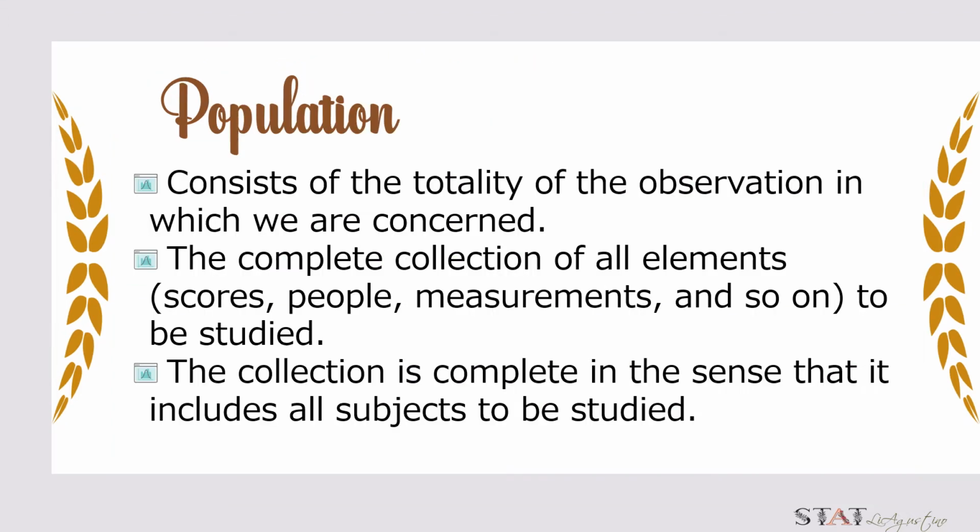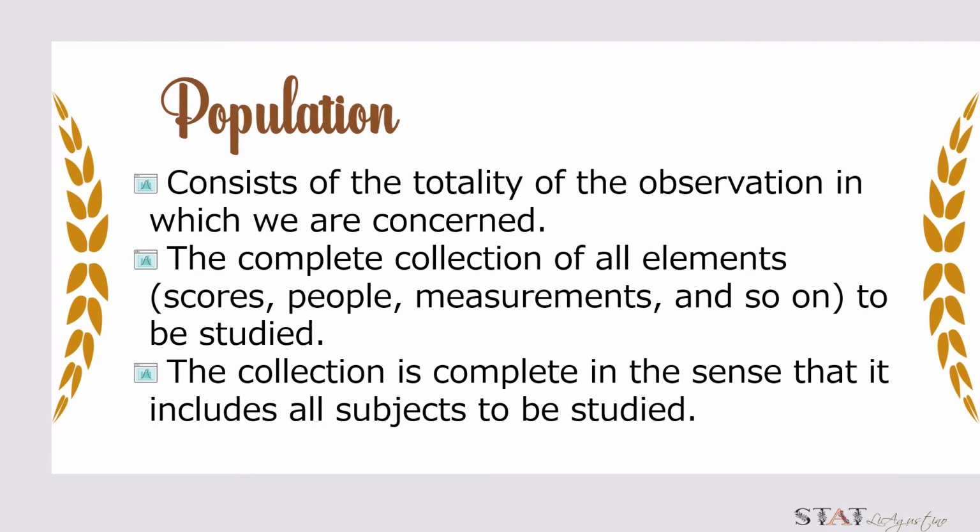So what is this sample? So let's define first population. Using the previous example, CPAC students is the population, everyone. So it consists of the totality of the observations in which we are concerned.